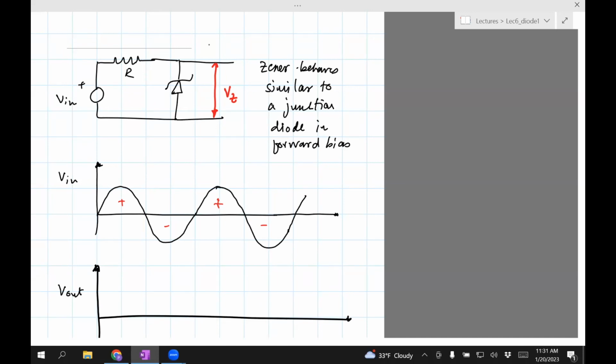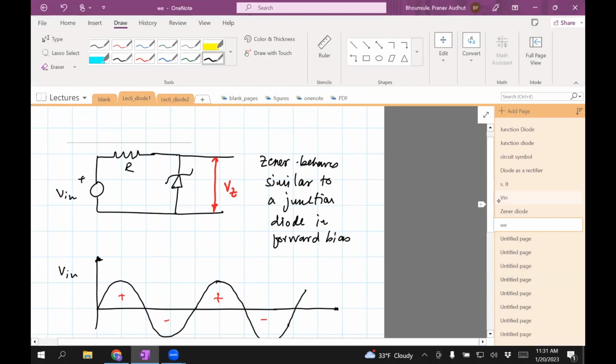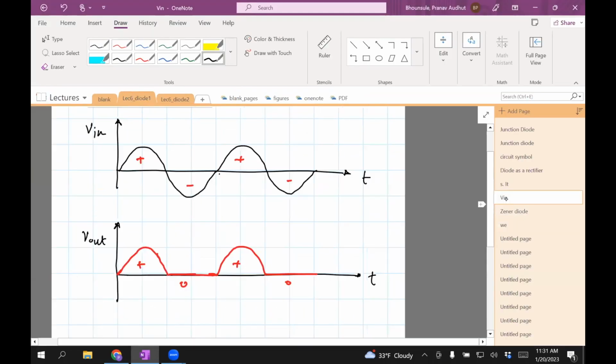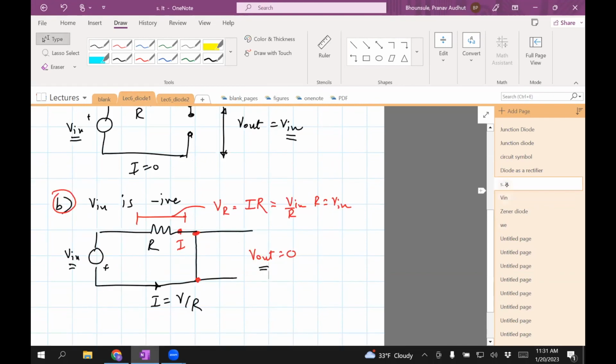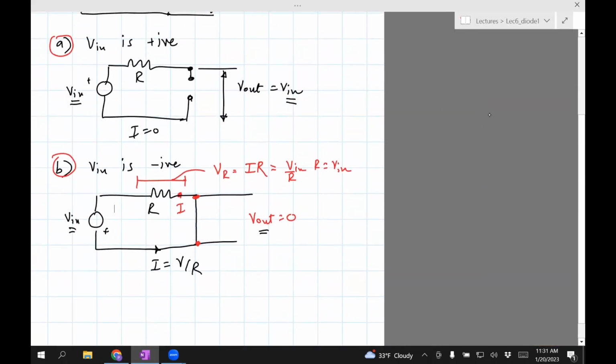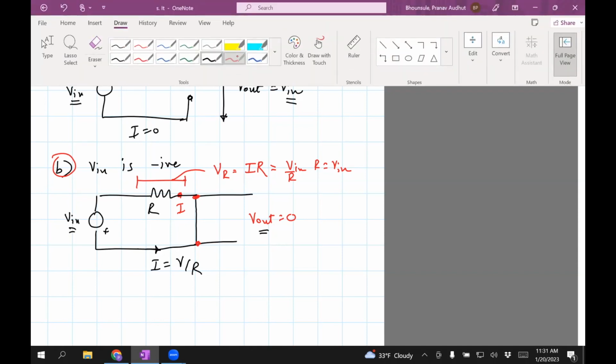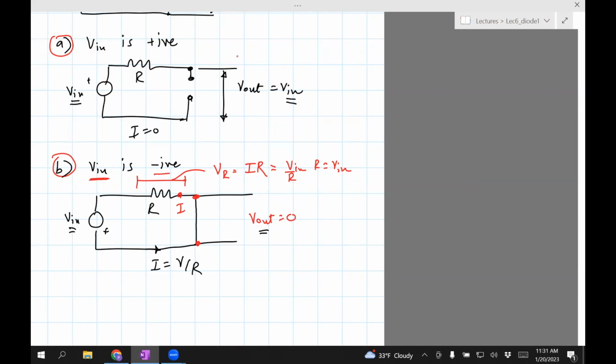So that's what we'll do. Instead of drawing the circuit again, we can just look at this one and see. In this first circuit, we saw that when V in is positive, it's reverse biased, open circuit, and when V in is negative, it is forward biased. When it is forward biased, it behaves exactly like a junction diode, which means that for negative V in, it will be a wire, and the voltage will be 0.